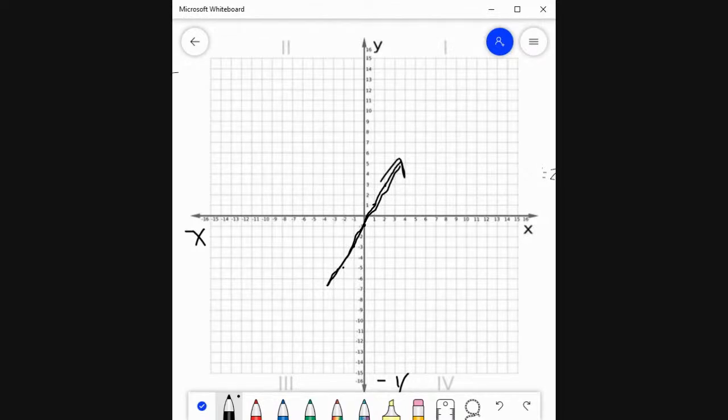Better. So you want to make sure you're connecting all your dots together while you are plotting your points on the graph.